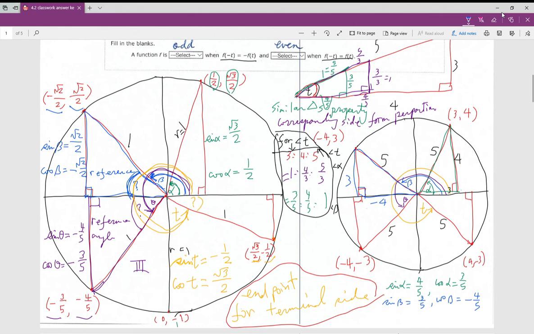So next, when we go to the purple triangle, like this one, you have -4, -3.